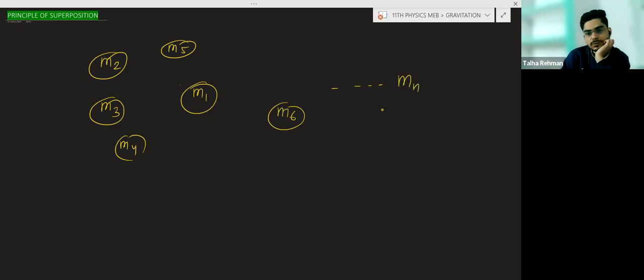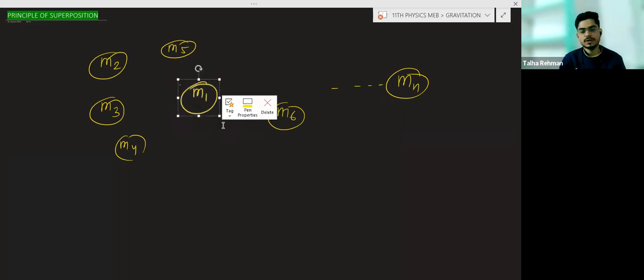So now choose mass m1 and see what is the total force on mass m1 due to individual masses m2, m3, m4, m5, m6 and mn, and add these forces vectorially.